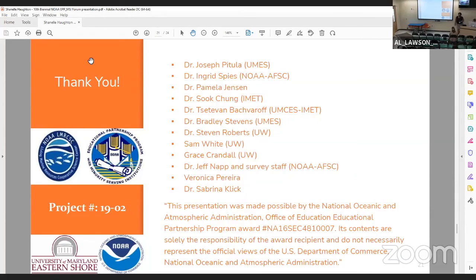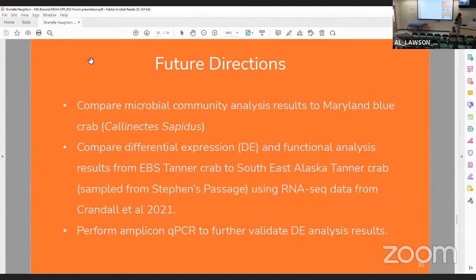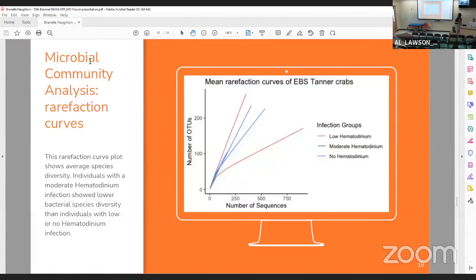I was curious about your categories of high, medium, and low bacterial loads. They're qualitative, but what are your thresholds for each of those? Sure. Actually, this table here is based on Hematodinium infection. We also categorized for bacteria, and we had specific criteria.